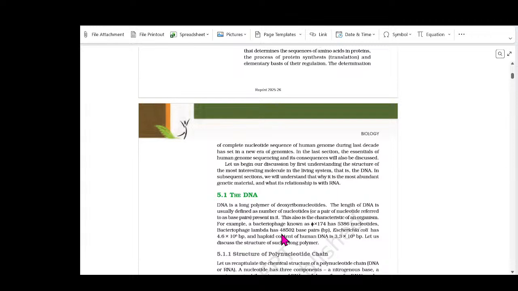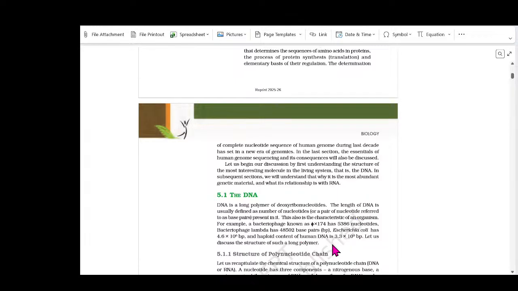Bacteriophage lambda has 48,502 base pairs or bp. Escherichia coli has 4.6 × 10^6 base pairs, and the haploid content of human DNA is 3.3 × 10^9 base pairs.